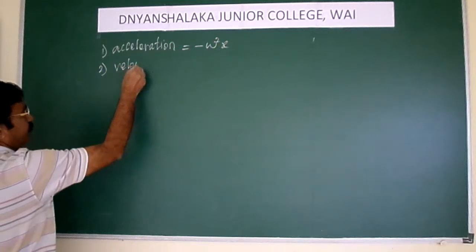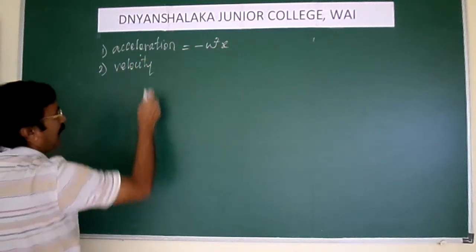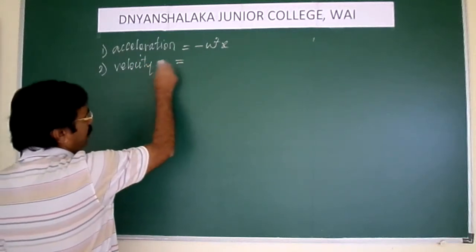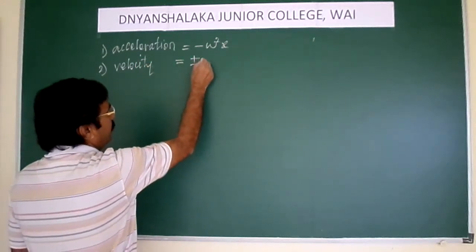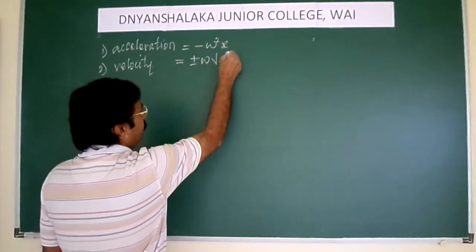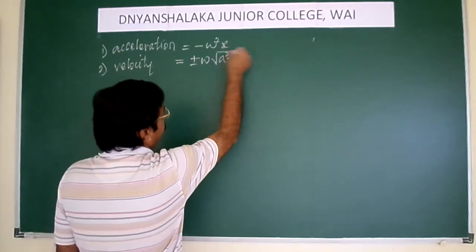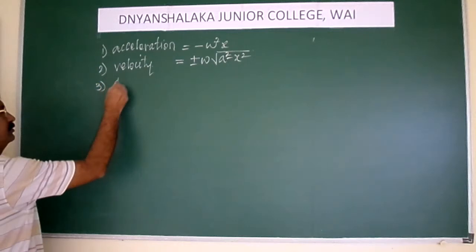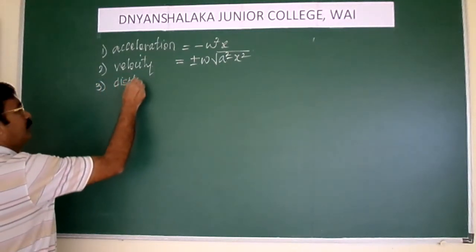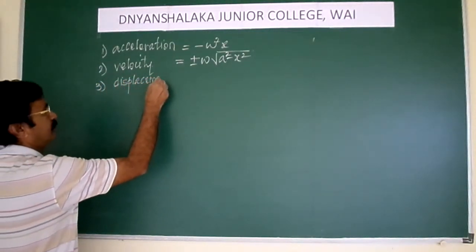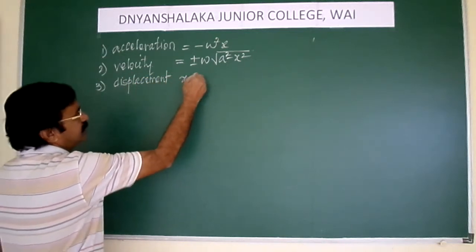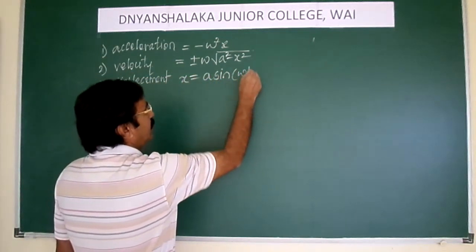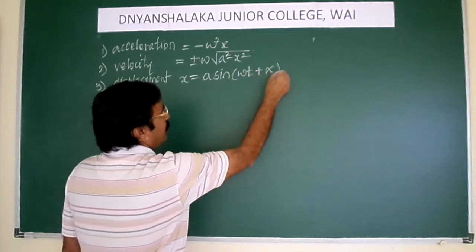Then the velocity of a particle performing simple harmonic motion is plus or minus omega under root a square minus x square. And the displacement x is equal to a sine of omega t plus alpha.